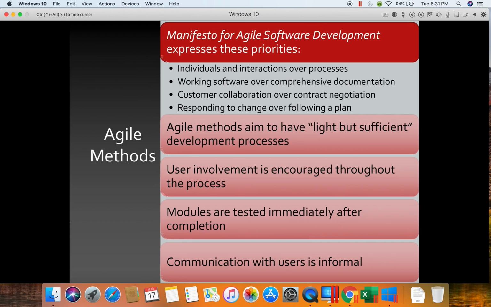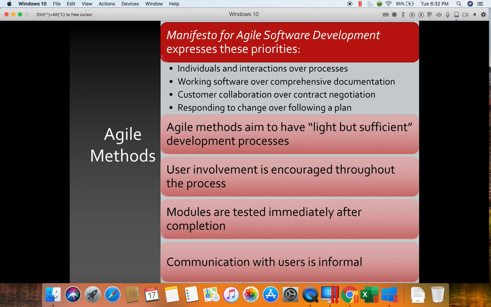So Agile programmers like to express these priorities, that individuals and interactions are more important than processes. Working software is more important than comprehensive documentation. Customer collaboration is more important than negotiating the contract. And responding to change is more important than following a plan.